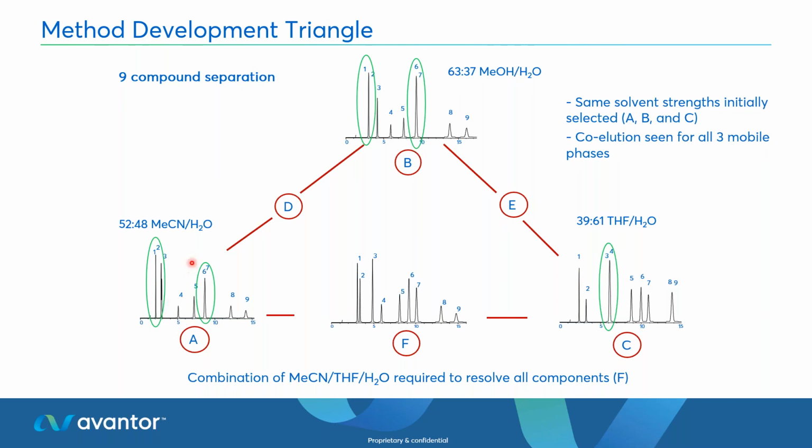And nicely, if we mix acetonitrile and THF and water in this ternary mix, we get a good separation of all of the components in our mixture. So ideally, I'd like to run this, but because they've got the same coeluting pairs, it made more sense to use THF in this case.